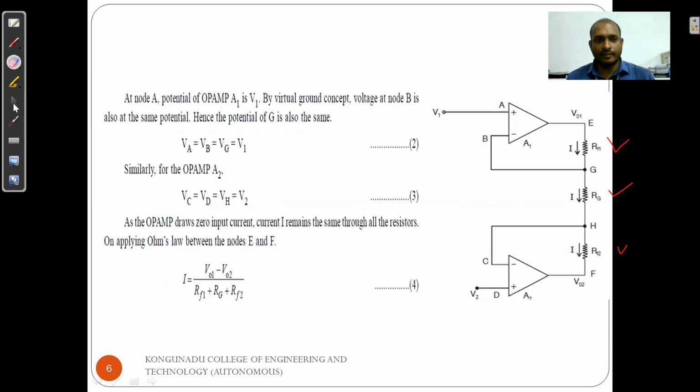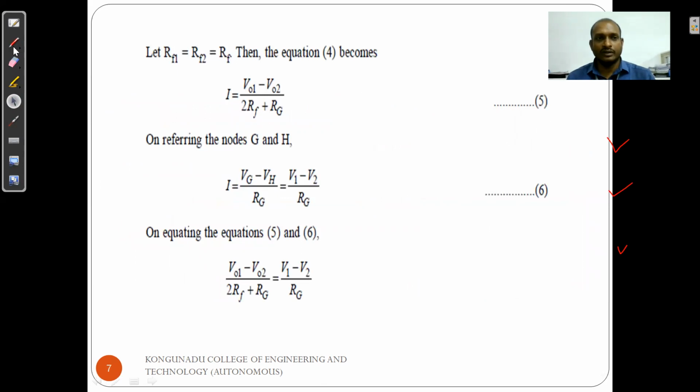Next step. Simplifying equation number 4, we get this formula. We consider Rf1 equal to Rf2, simply taken as Rf.